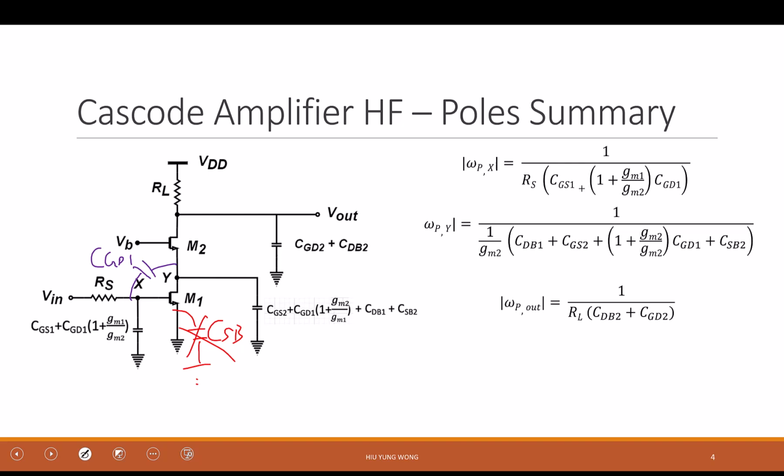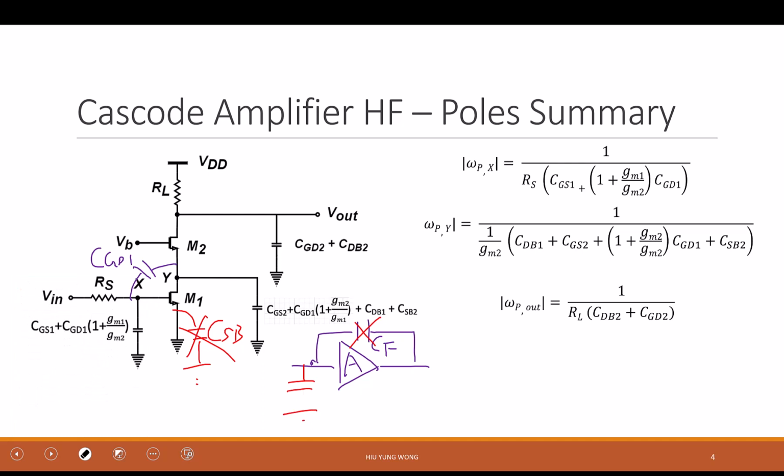I say that if I have a capacitor here, and it gives me a gain of A from the left terminal to the right terminal, then this capacitor will be decomposed into 2. I can decompose it into 2 capacitors.